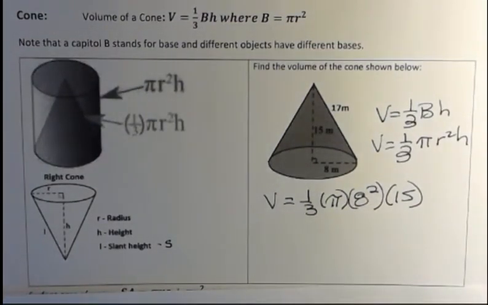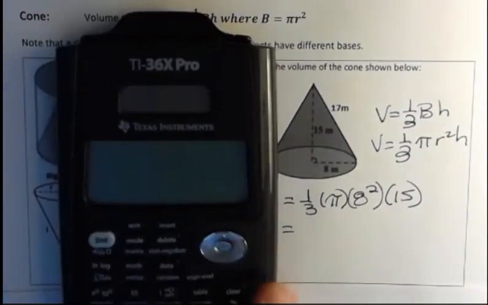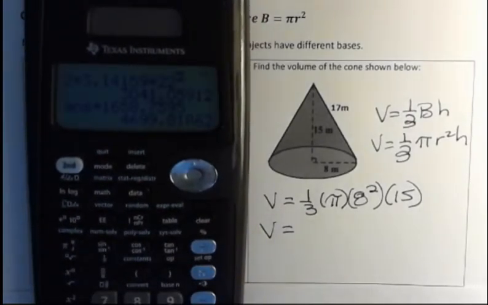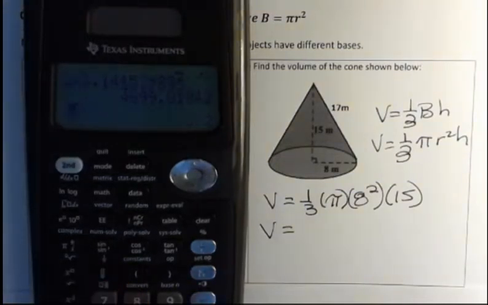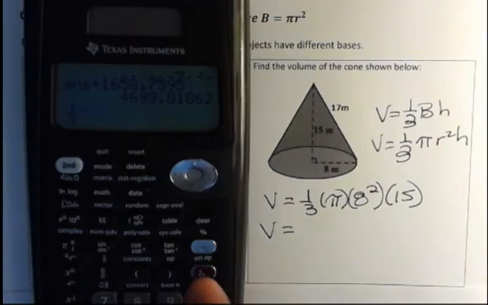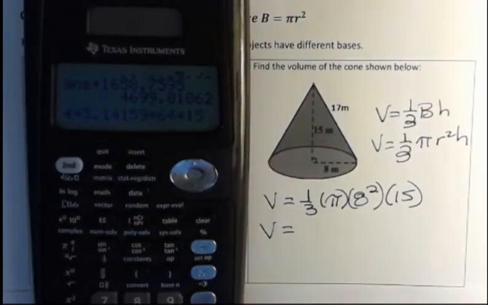Then I just put that into my calculator. I don't like to round things early on. I don't want to change the 1/3 to 0.333 because it changes the answer. It's easier to put in the fraction 1/3 and let the calculator deal with it. So that's times 3.14159, then 8 to the second power is 64, and then times 15.